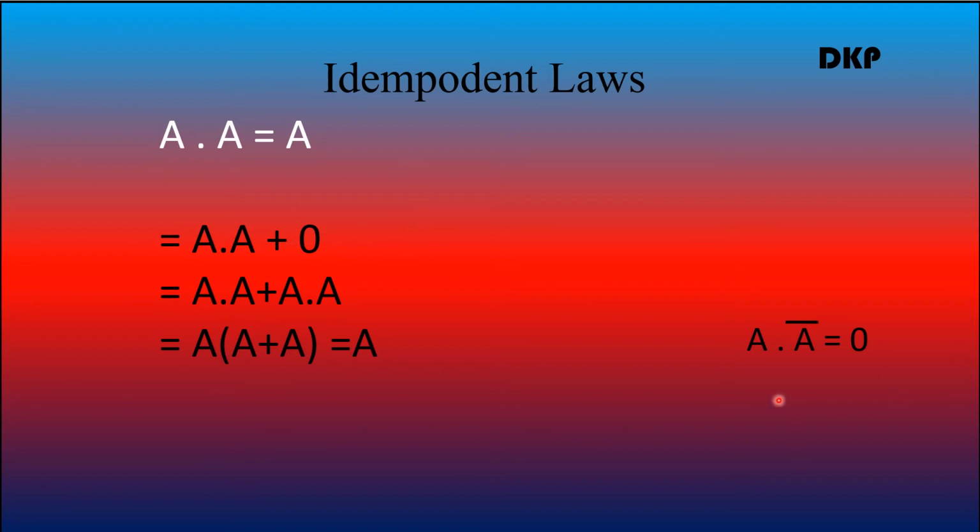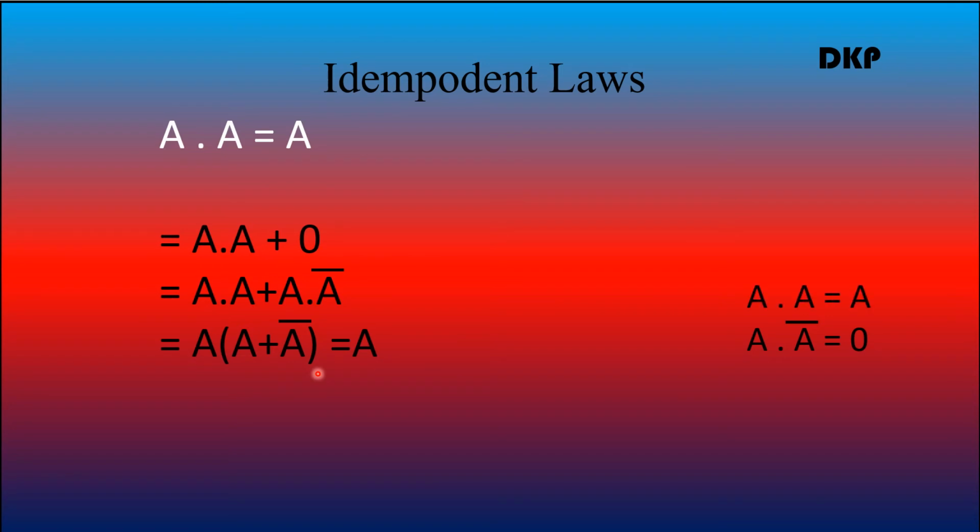Now, A dot A bar is equal to 0, so that you can write this expression as A dot A plus A dot A bar. Instead of 0, you will write A dot A bar. Now take this A outside, it is common in both, so that you will get A into A plus A bar.